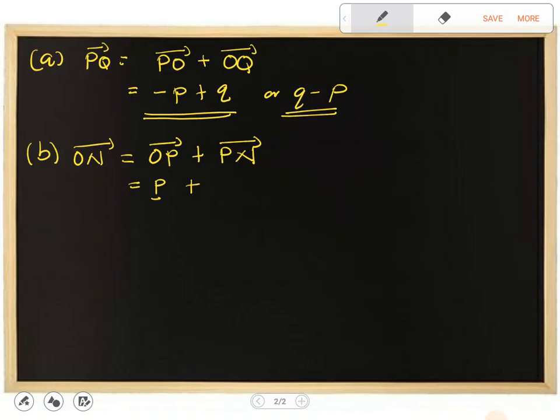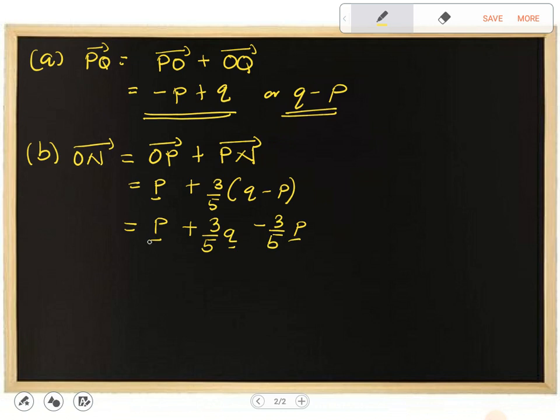So we are saying 3 over 5 of what? PQ. But what is PQ? PQ is this one here, so we are going to put Q minus P. We need to simplify this one, by the way. So this is P. 3 over 5 times Q, we get 3 over 5 of Q. Then we also get minus 3 over 5 of P.